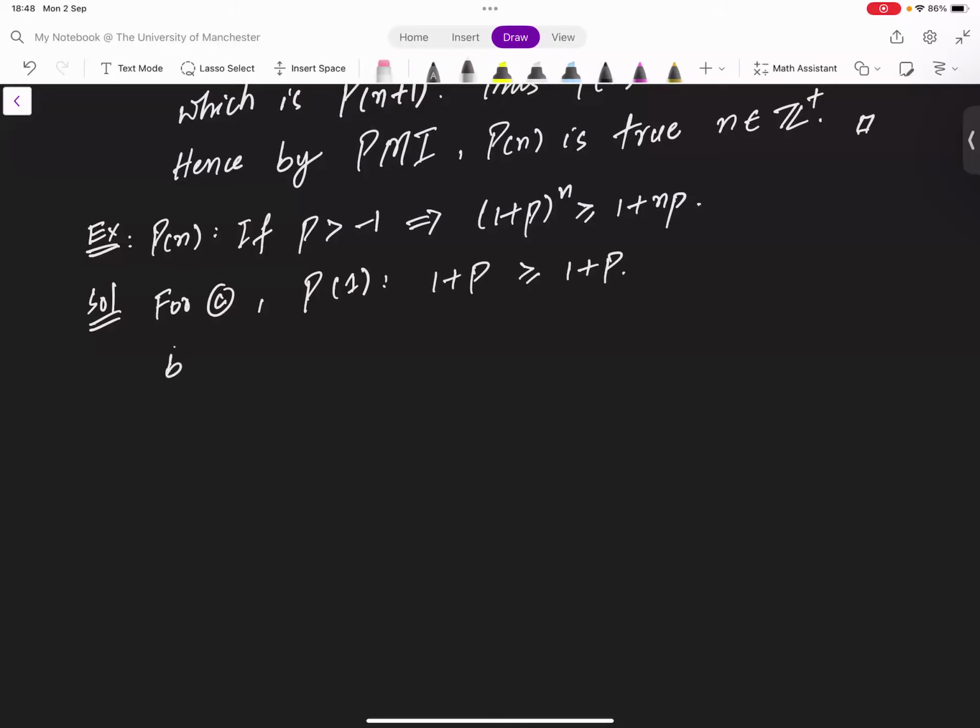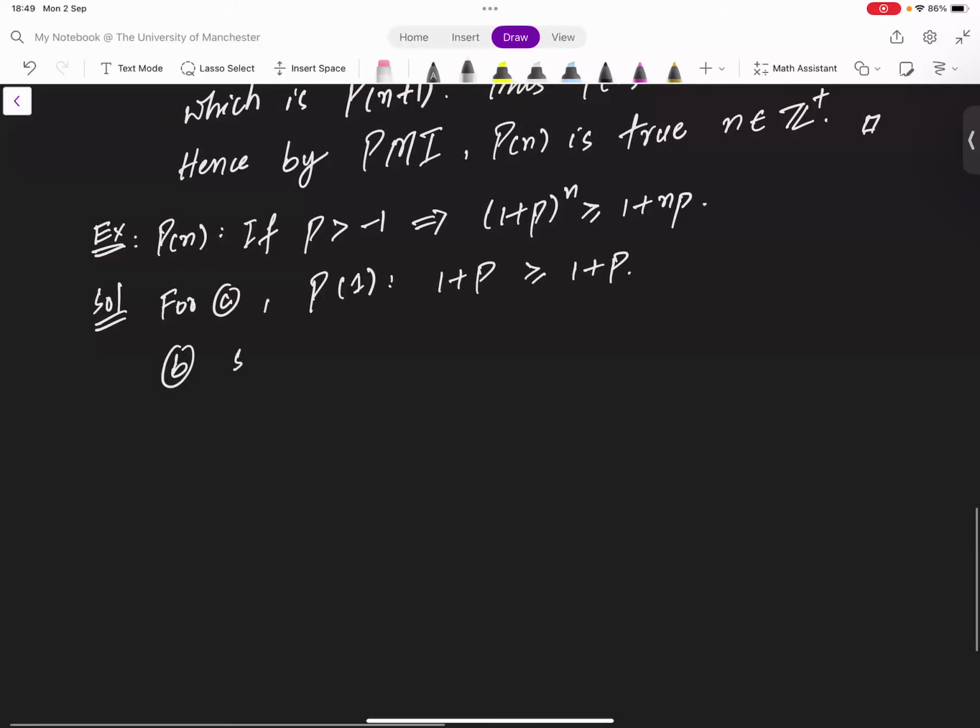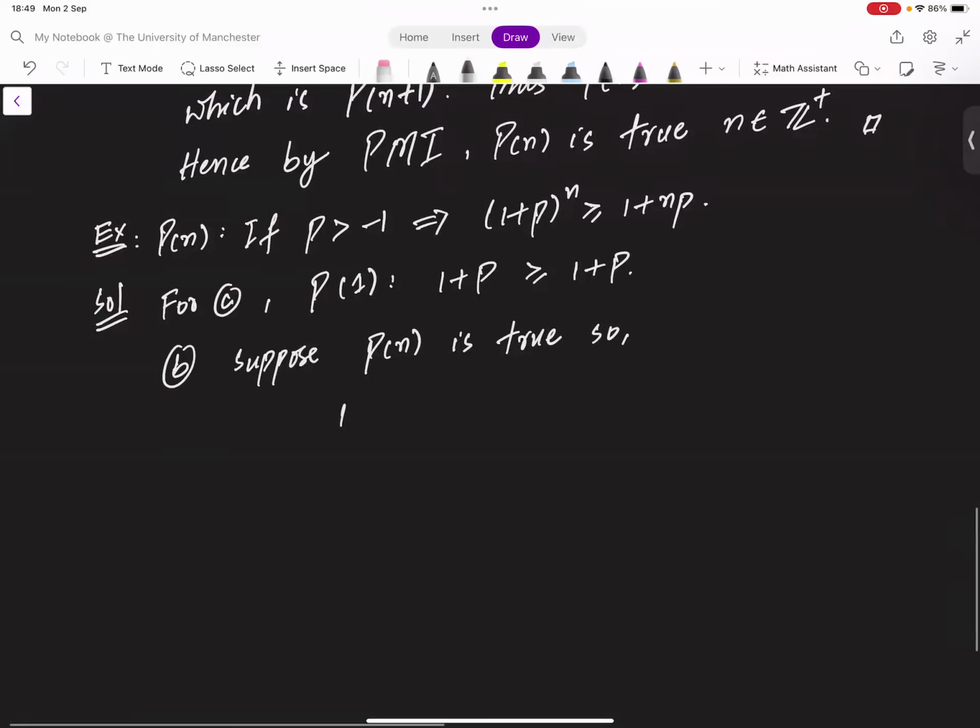Then for B, we suppose P of n is true. So we are saying that 1 plus p power n is actually greater than or equal to 1 plus np.